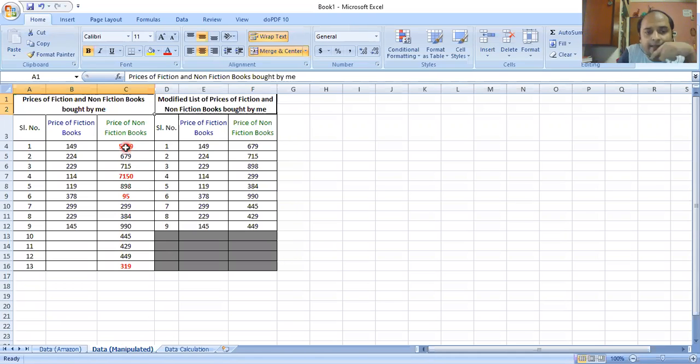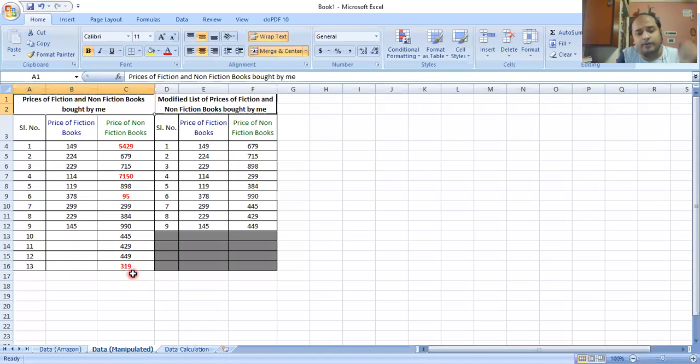What I have done is properly gone through the chart, and I have marked certain figures in red color. Say 5429, this price has been marked in red. 7150 has been marked in red, and 995 has been marked in red. And 319 has also been marked in red.